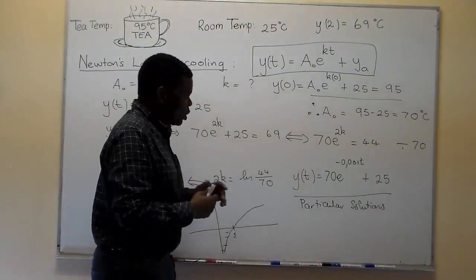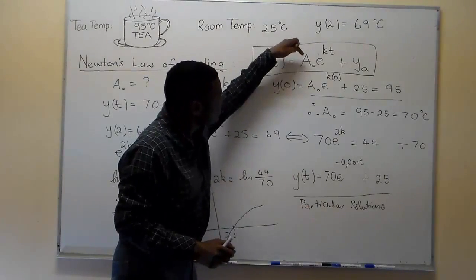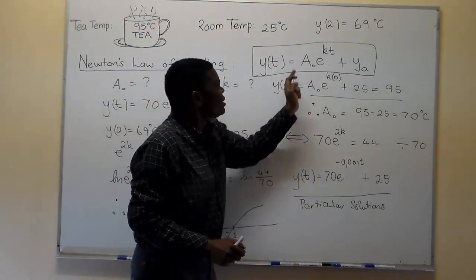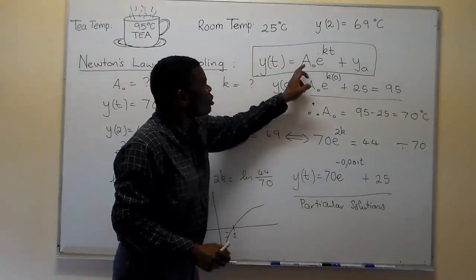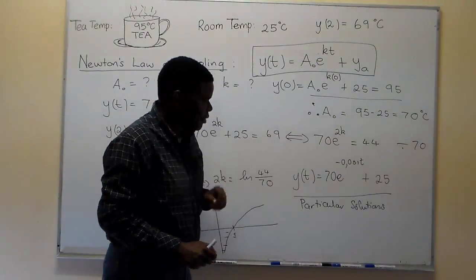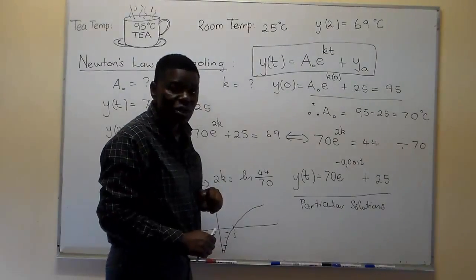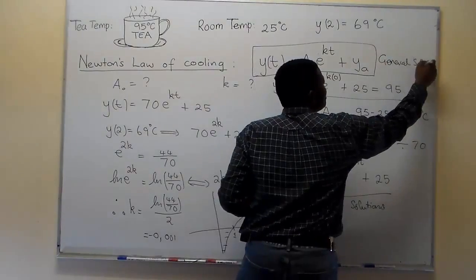Please note that we call this a particular solution only after having determined the parameter A. Obviously, in a particular problem, the ambient temperature will be given, and we also determine the parameter k. The first solution we had there we would call a general solution.